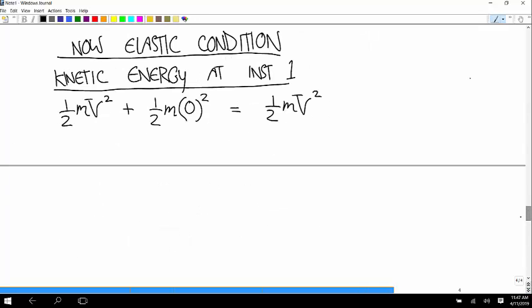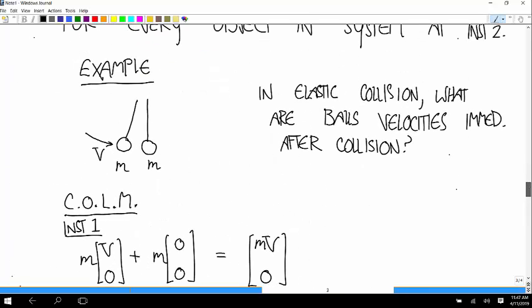And now after the collision, this is before the collision, so that's the v, that's the speed of it coming in before the collision.